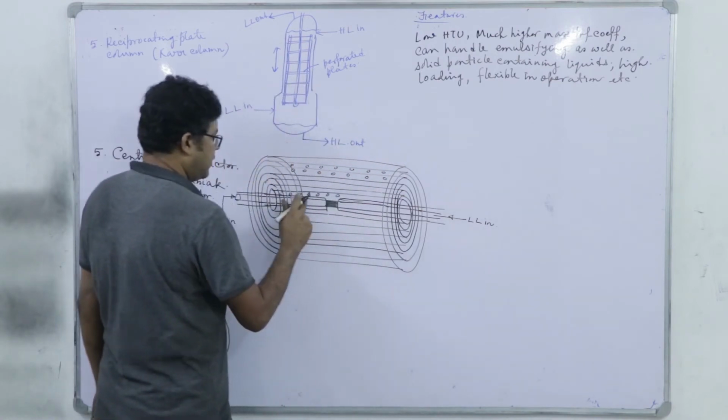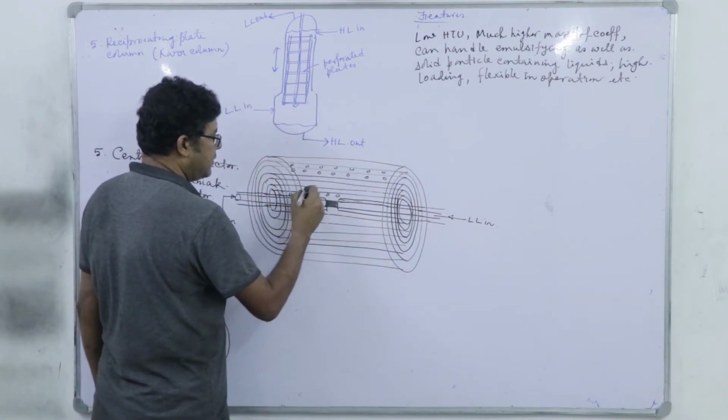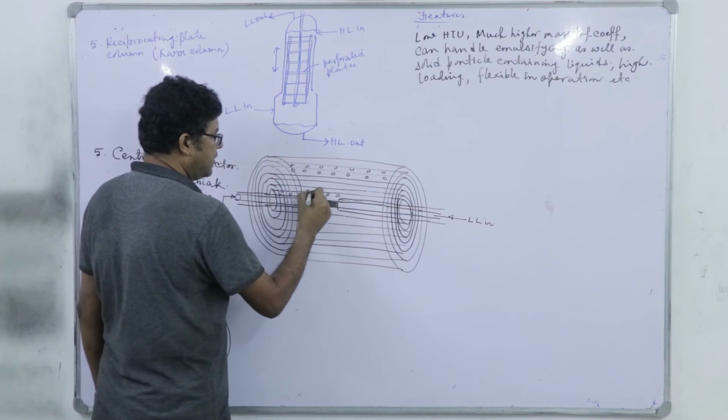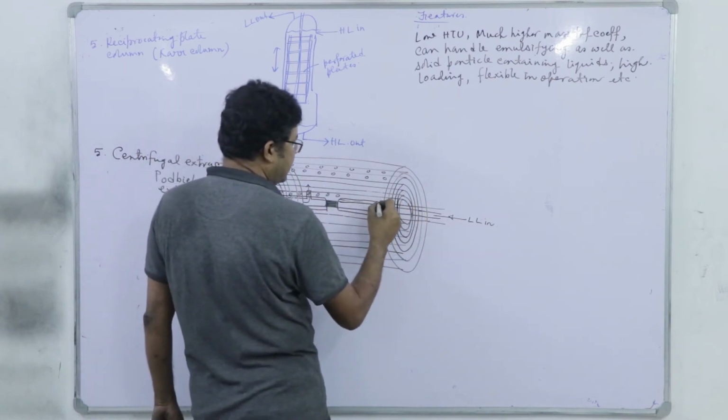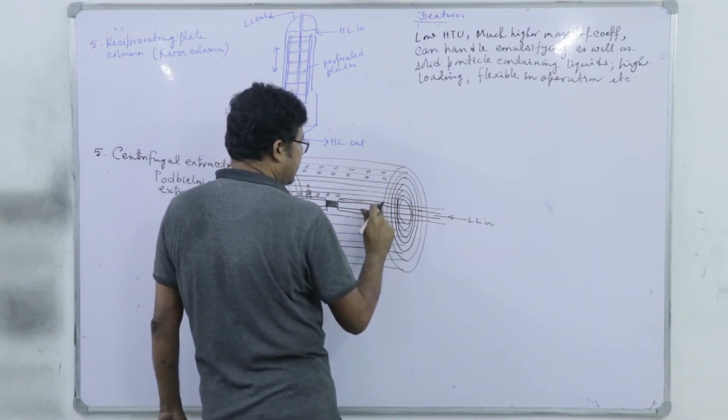Now heavy liquid is released close to the central region. So heavy liquid out here, and light liquid we release near the peripheral region.